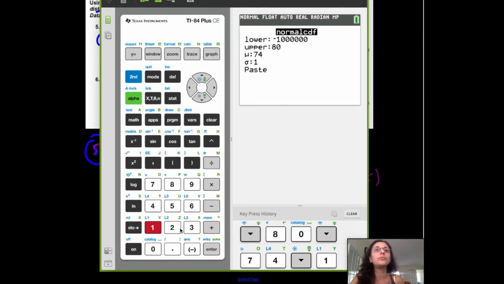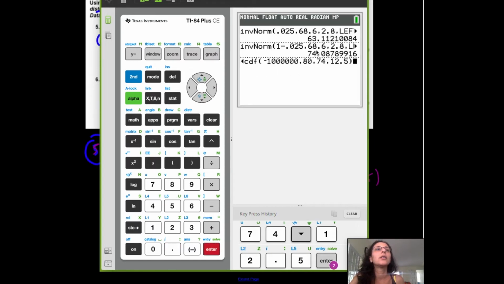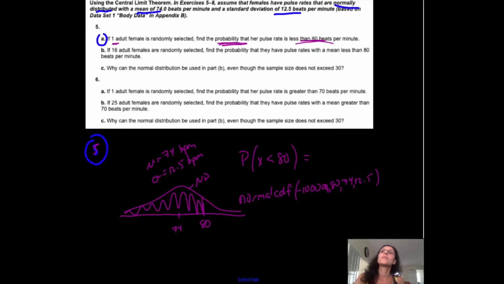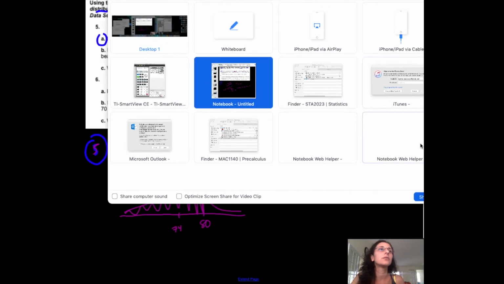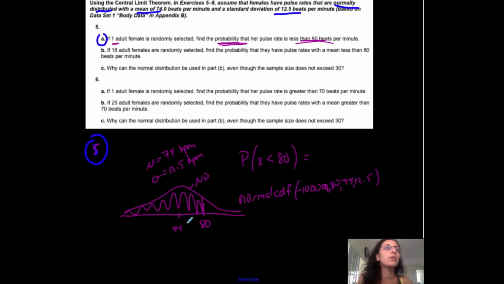This is not technically very different because I'm only selecting one. And so 68.4, rounded to the nearest tenth of a percent. So 68.4% chance that if I only select one adult female, the probability that her pulse rate is less than 80 beats per minute is 68.4%.